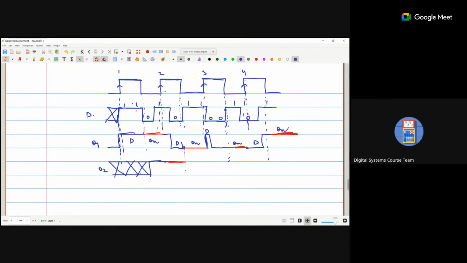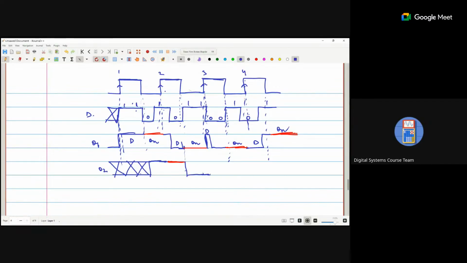Okay. Then again, the negative level arrives, the data is 0. So we change the data to 0. Okay.